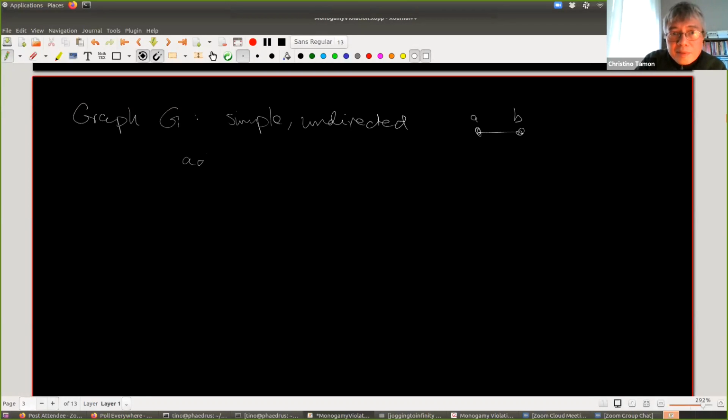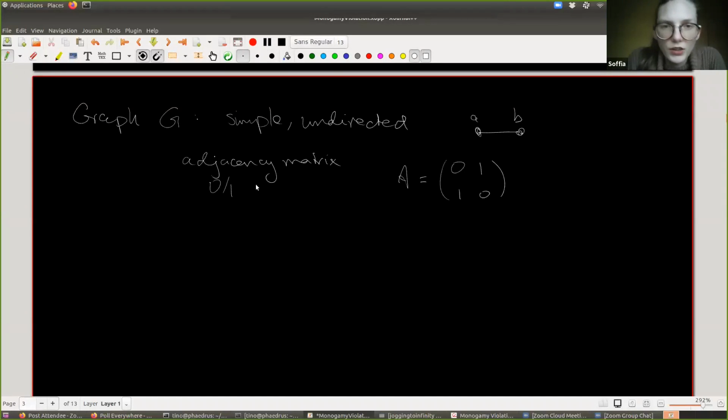And we also have the adjacency matrix corresponding to the graph, and in this case, it will be just this, real symmetric. So sorry, this will be 0, 1 symmetric.